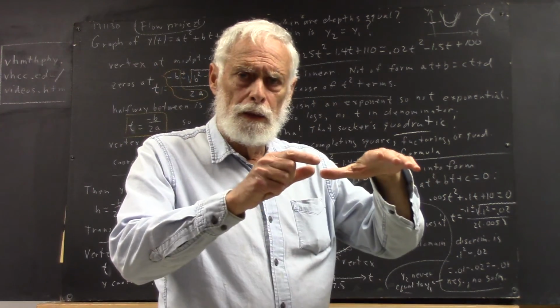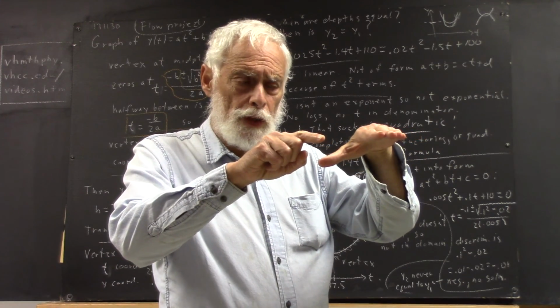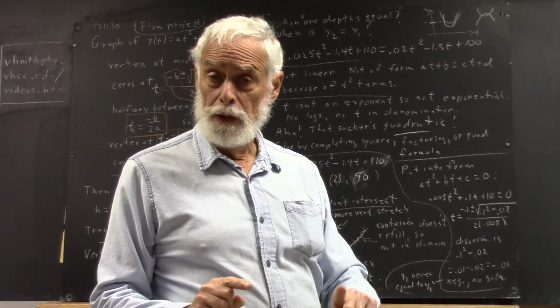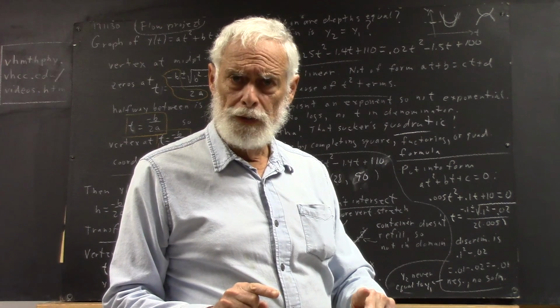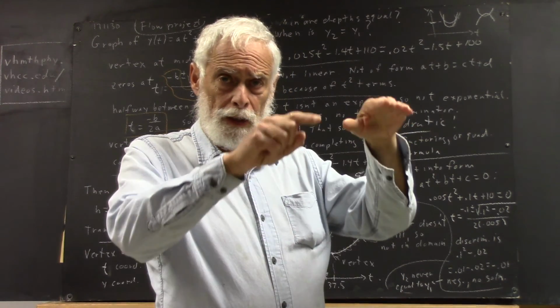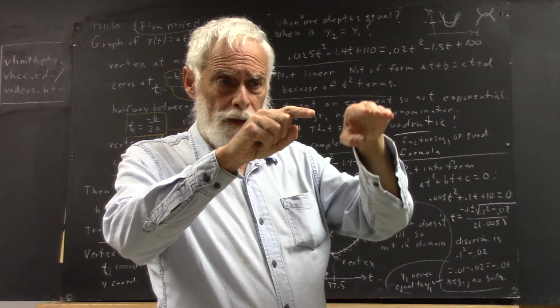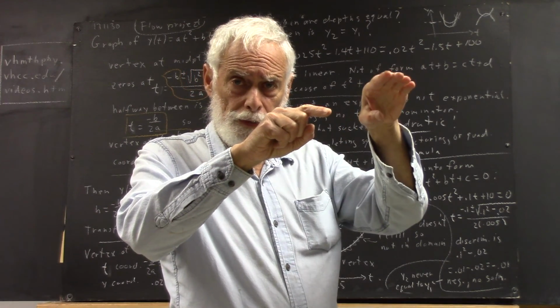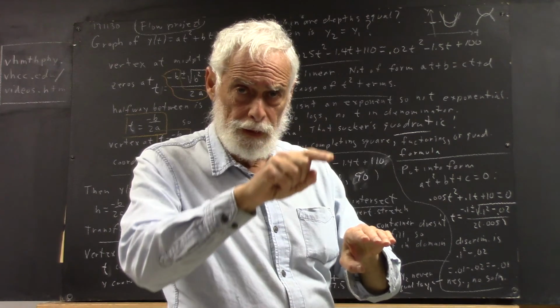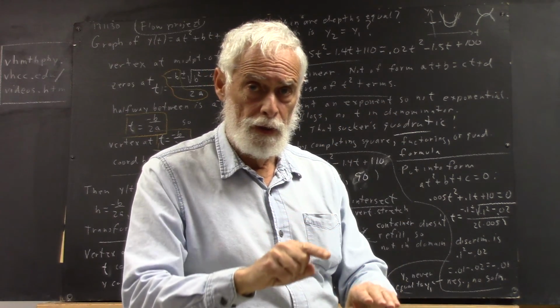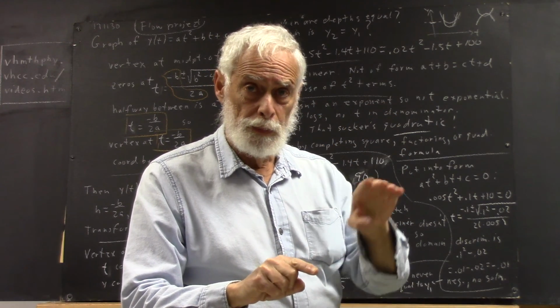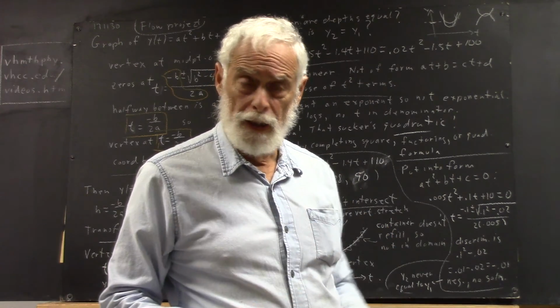But in general, if they stop at the same point, let's say, they won't necessarily stop at the same time. This one might descend at a greater rate than this one. So this one might start off faster, this one might start off a little more slowly, so this one stops before this one gets to that point.